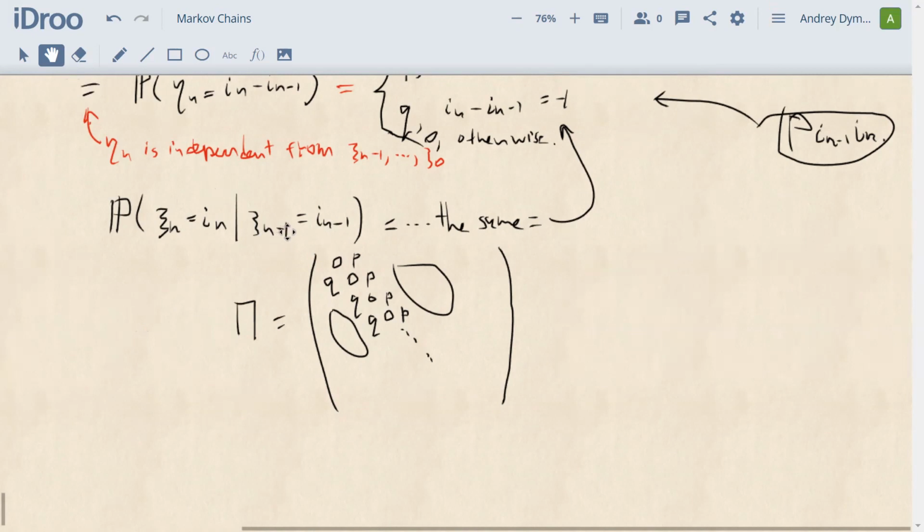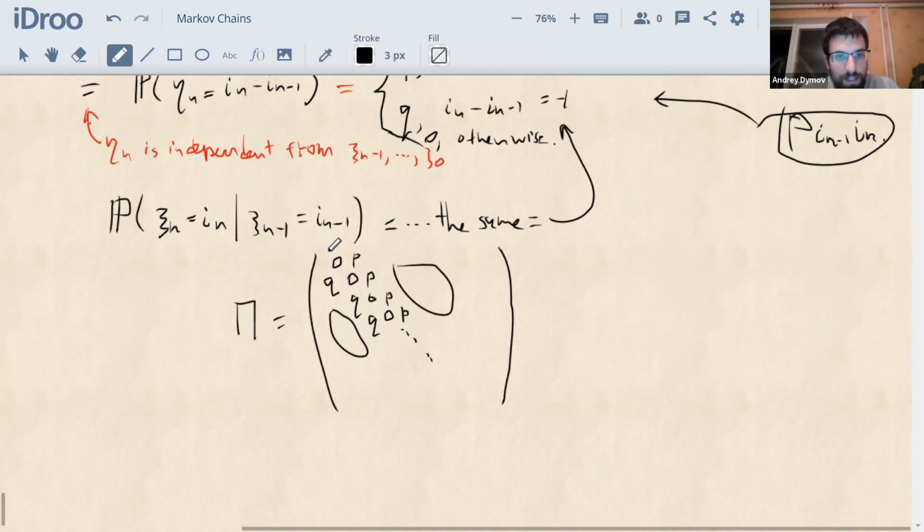Yes, you're right. Indeed, you see that in transition probability matrices the sum over each row should be equal to 1. But here, if I have such a corner, the sum is just P. I mean, it isn't 1.